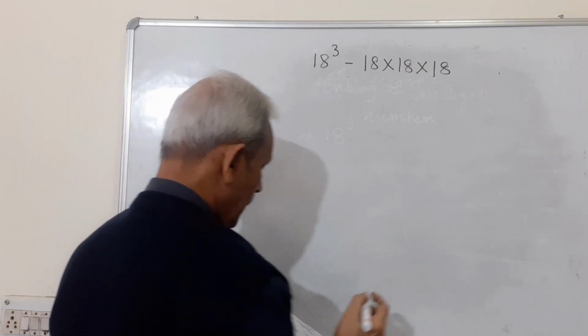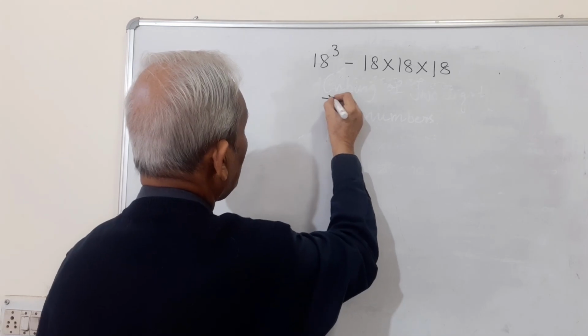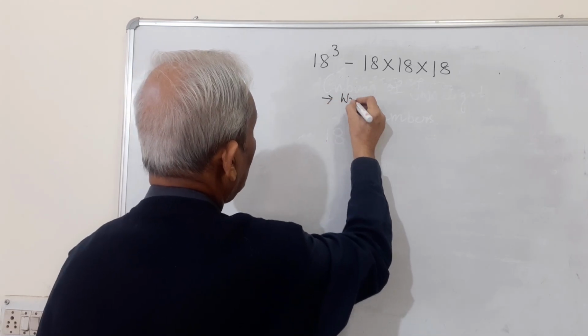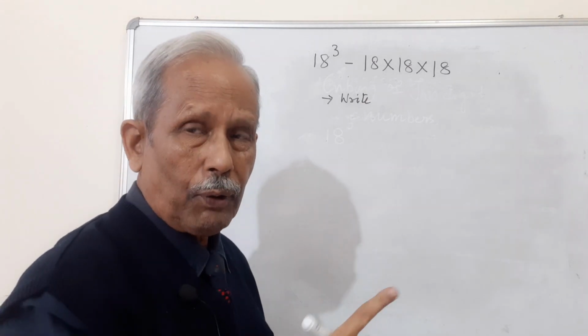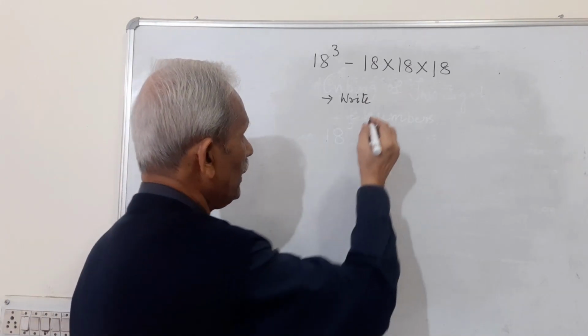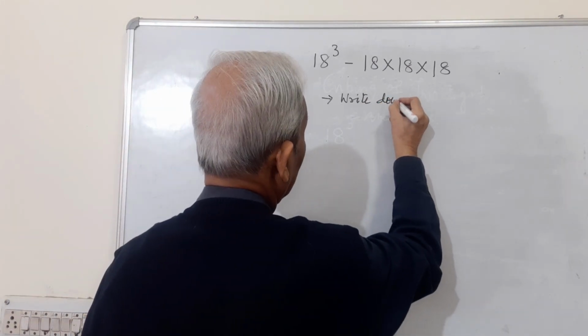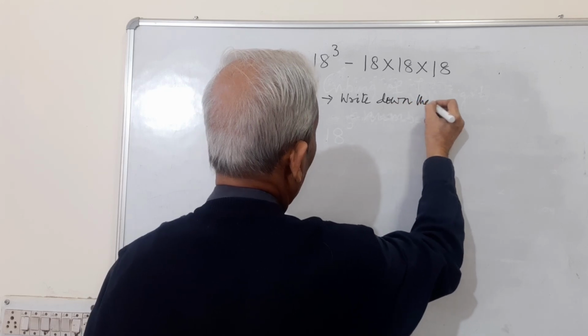So the first step is write down the cube of the digit in the ones place, the cube of the digit in the tens place. These steps are very important. If you can follow these steps, you will understand it very easily.